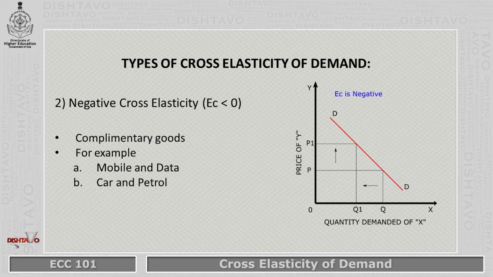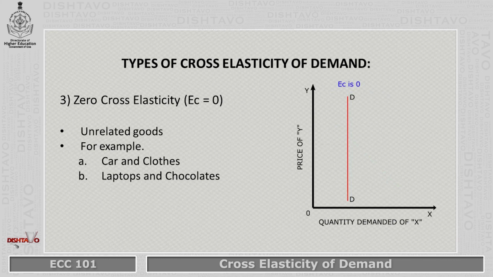Let us now observe the diagram and example. We see that when the price of Y increases to P1, the quantity demanded of commodity X decreases to Q1. This is because complements are consumed together, and when the price of one good increases, the quantity demanded for the other good decreases.